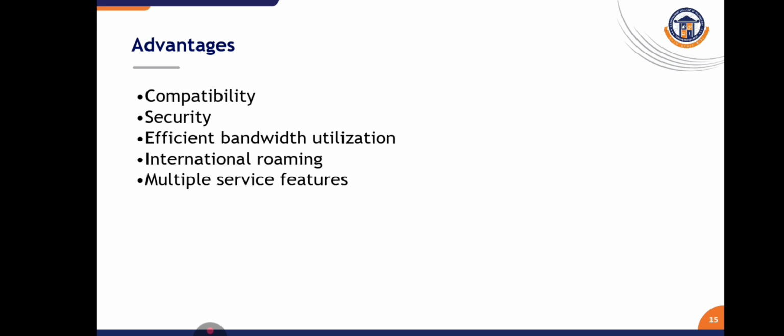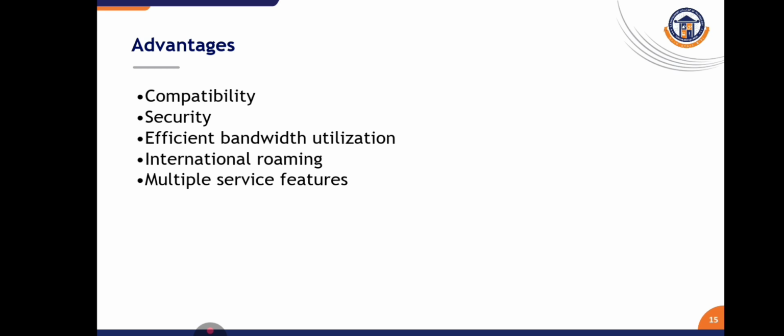Coming to security, features such as authentication, encryption, and confidentiality help to protect the user and private data. For efficient use of bandwidth, time division multiplexing techniques enable many users to share the same frequency channel at different times. And roaming: GSM allows users to roam internationally and use their mobile phones in other countries that use the same GSM standard.